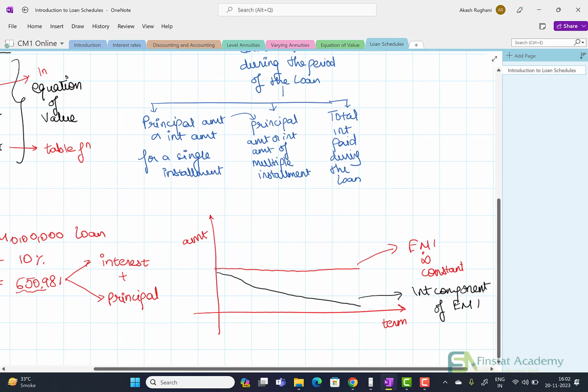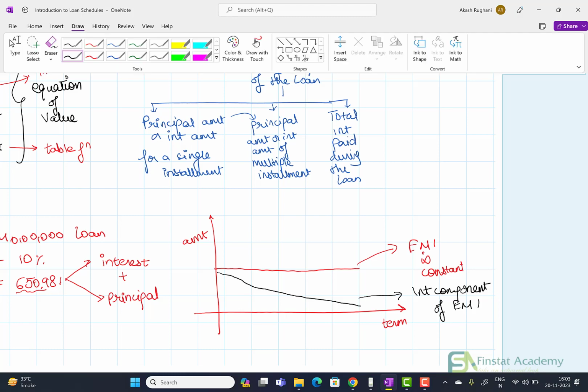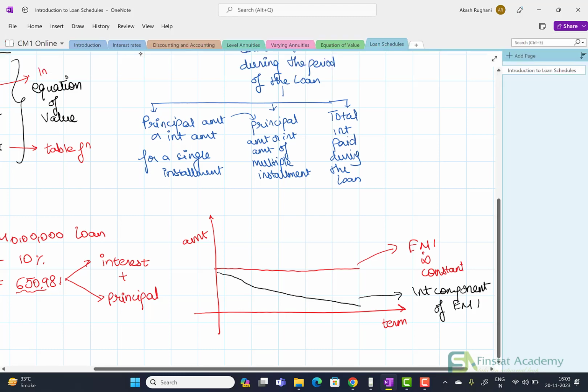This 6,50,000 can be bifurcated into interest and principal. In the first installment, interest is high; in the second installment it reduces; third, it reduces, and so on. The principal follows a reverse trend. Initially it is very low and subsequently it keeps on increasing. The green one I've highlighted is the principal component of my installment, which increases with the number of installments.